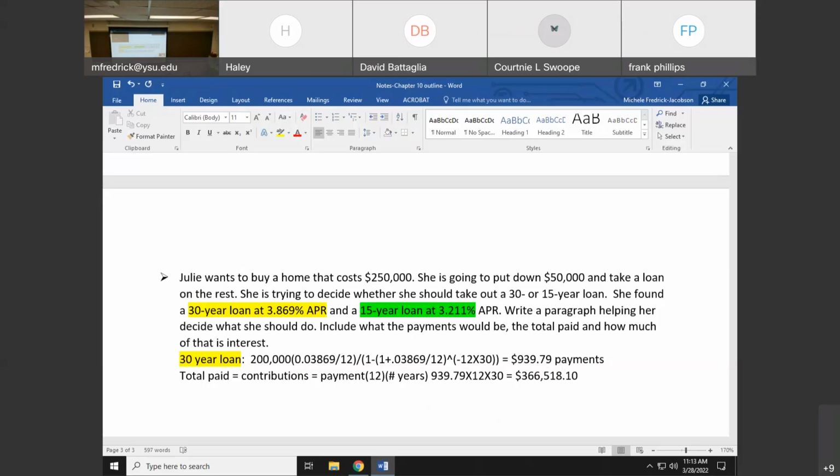Oh, I times it by 13. Oh my gosh, too many threes. $338,324.40. That's better.